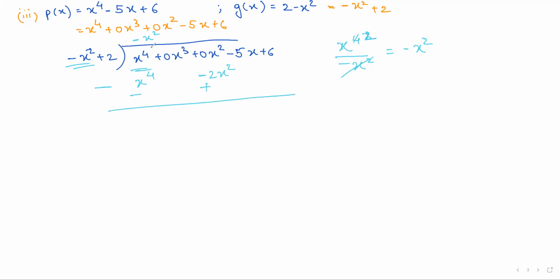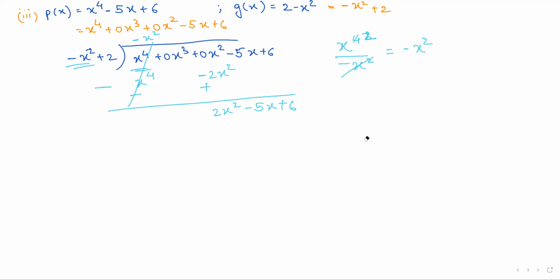X to the power 4 minus x to the power 4 cancelled. 0x cube plus 0x square plus 2x square, which means plus 2x square minus 5x plus 6. If your first term has 0, you need not consider it. That means this is not to be considered. You can directly consider 2x square.